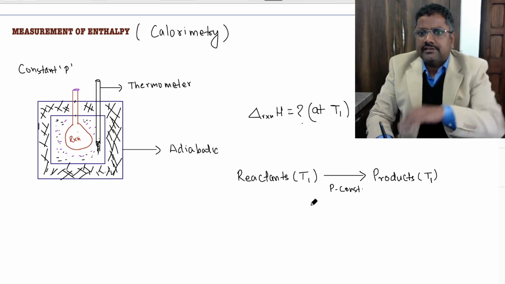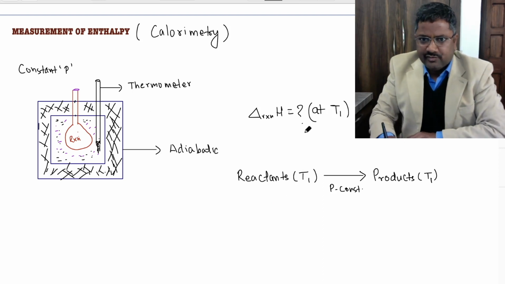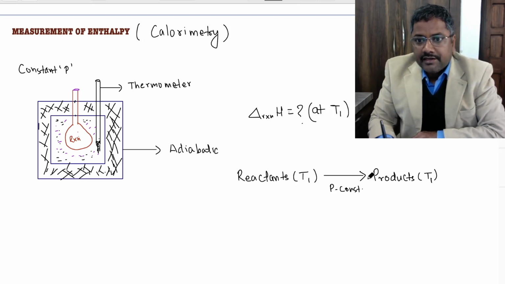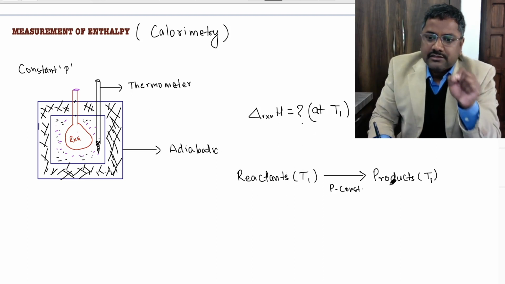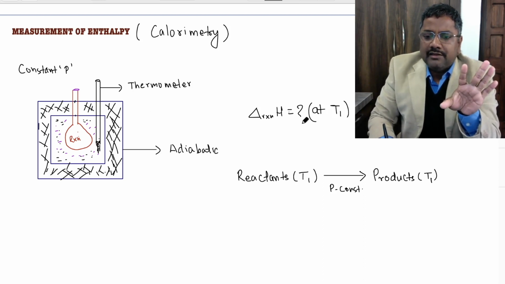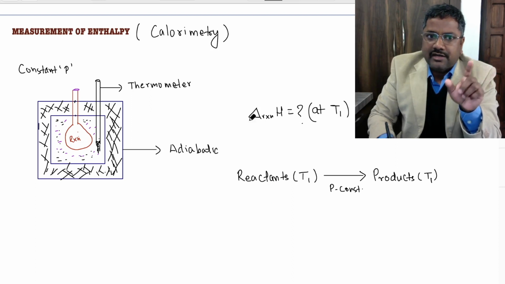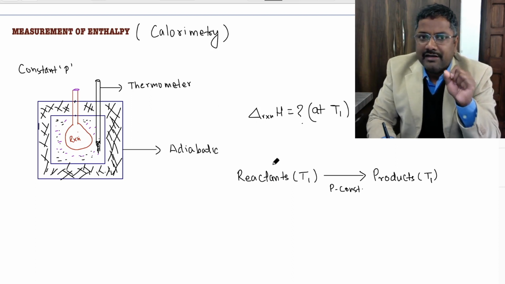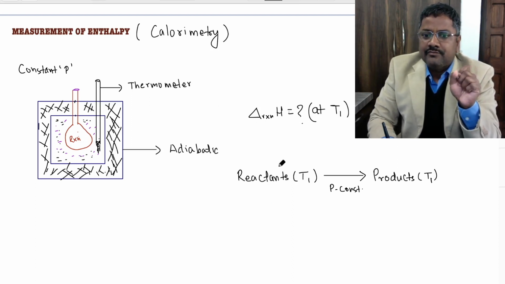So basically this is a two-step process, because reactants and products both should be at the same temperature. Then only can you say the temperature is constant, because for a chemical reaction delta H is the heat energy change at constant temperature and constant pressure.